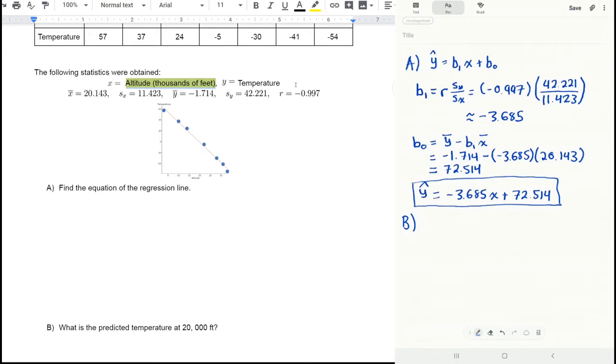Now, if we want to predict the temperature at 20,000 feet, then the x variable is going to be equal to 20. This is because the altitude is measured in thousands of feet.